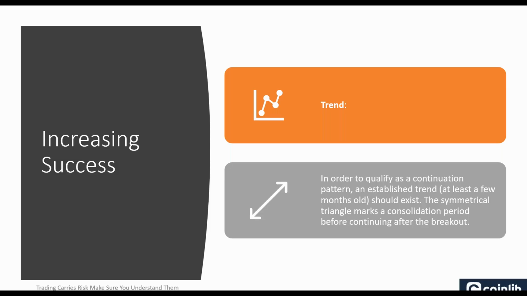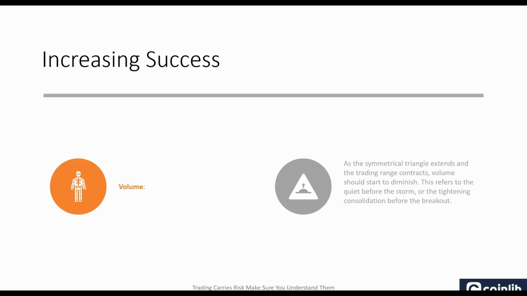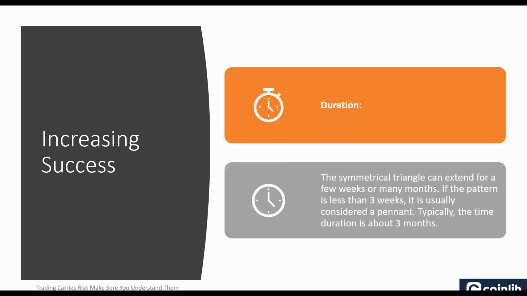So remember, we want to look at the trend to give us some confirmation. We want to look at volume. As we move to the apex, we should see volume diminishing, and then we should get the volume jump when we get the breakout or the confirmed breakout. This is called the quiet before the storm.